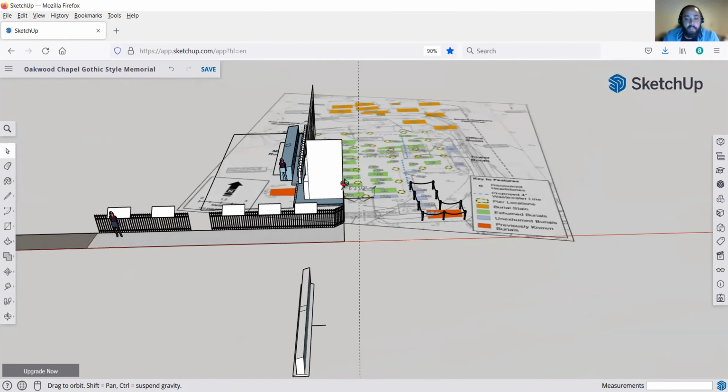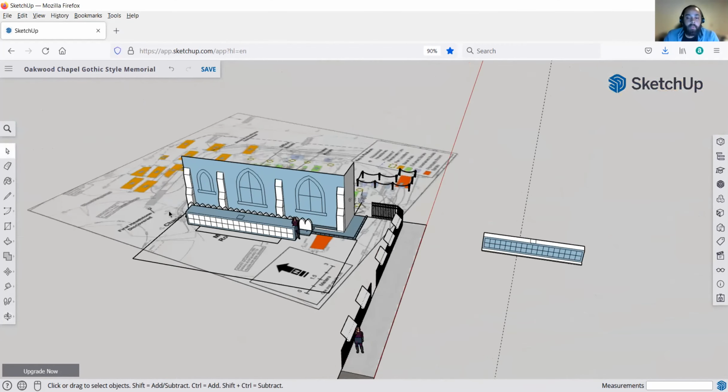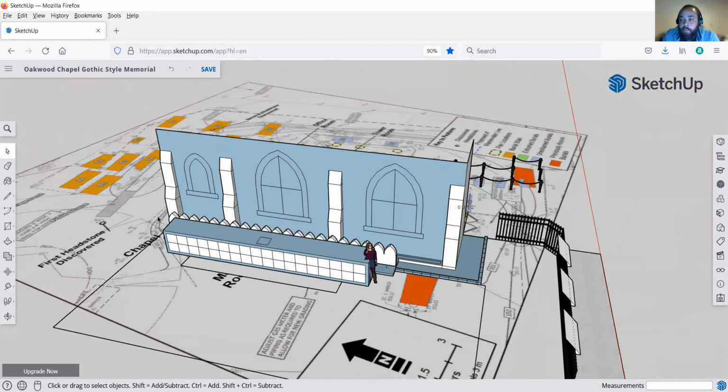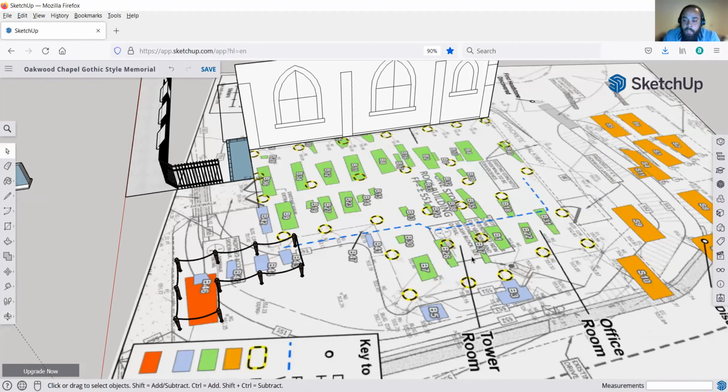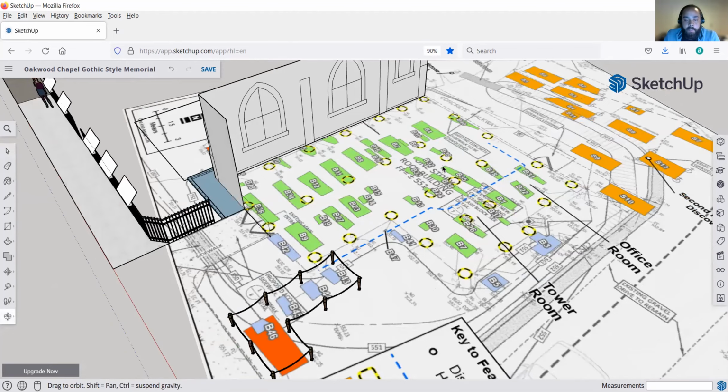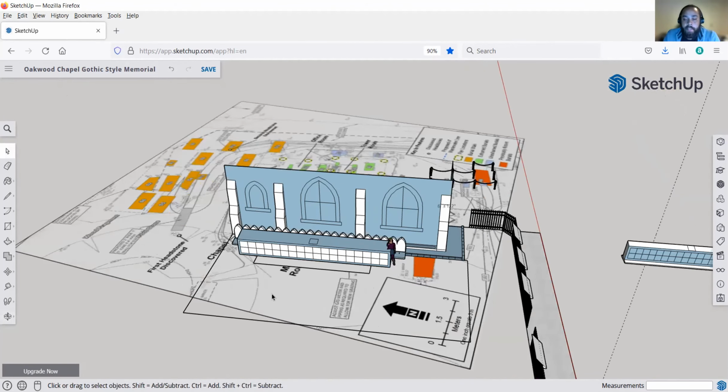And the other side of why the niche wall idea came to mind was, we're aware that we couldn't install something like that attached to the chapel, because another potential space was in this area here, but that would have had to have been attached, and based off the size of the boxes of the remains, there wouldn't be enough space.